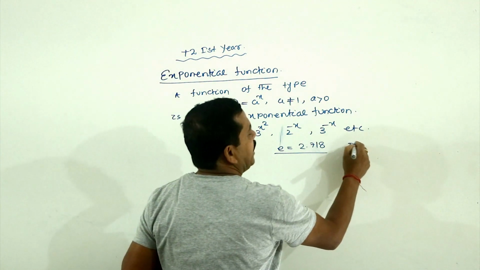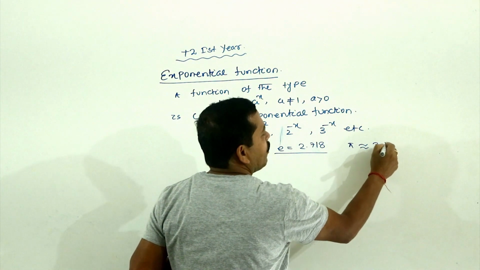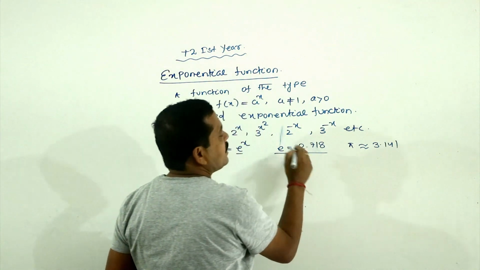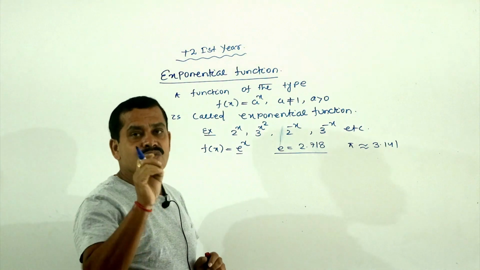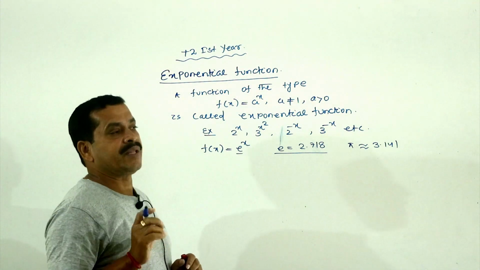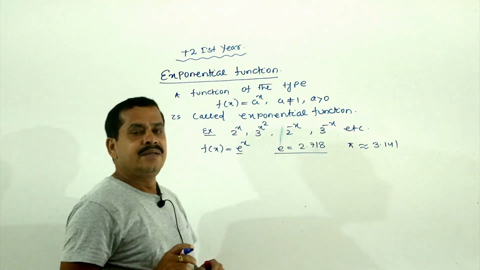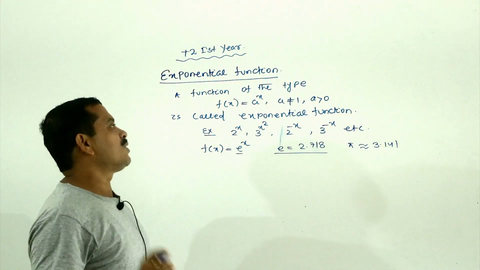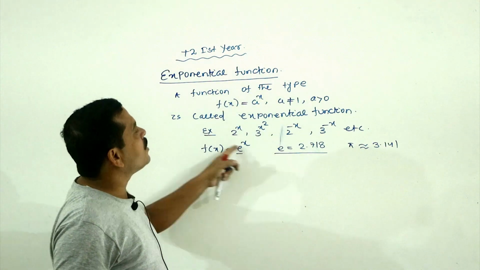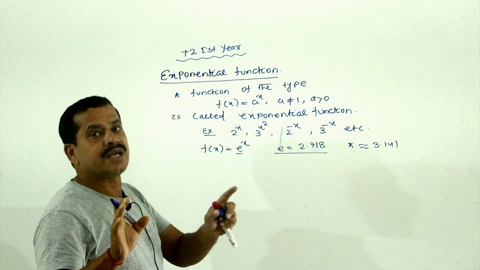We know that pi is approximately 3.141 and e is approximately 2.718. These two numbers are special numbers in mathematics. E to the power x is also known as exponential function.